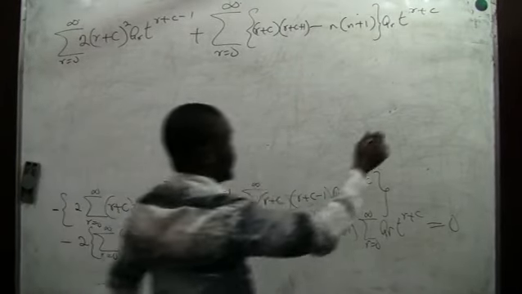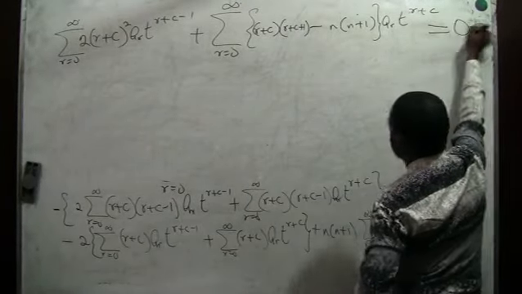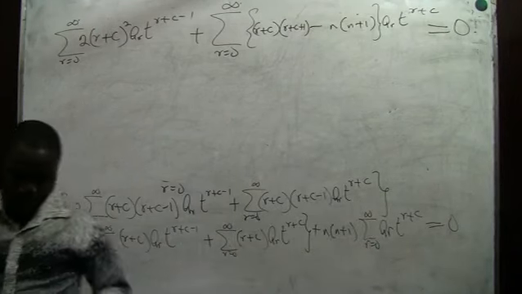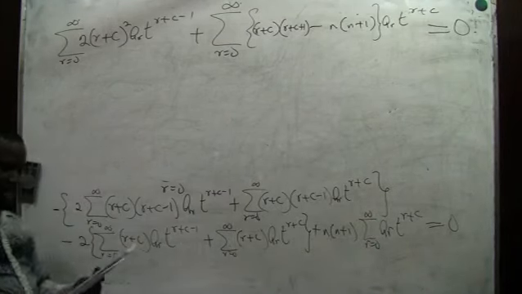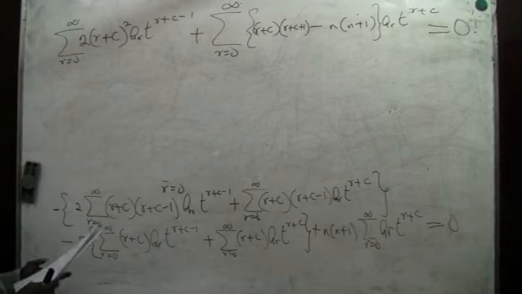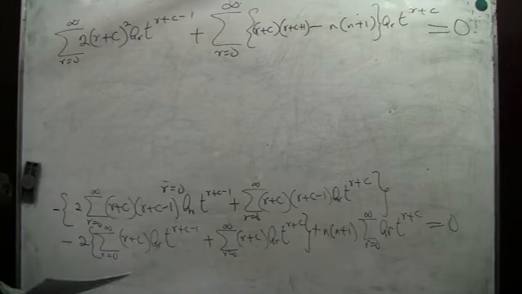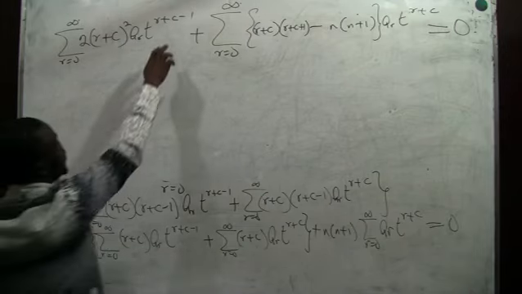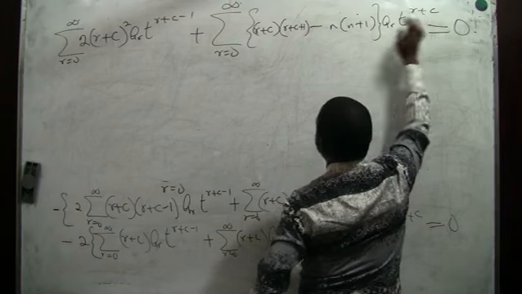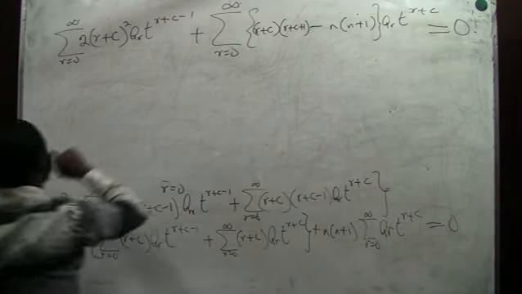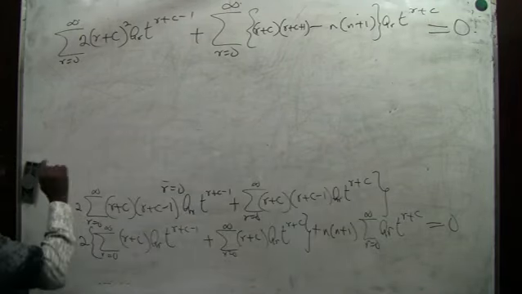Now, everything equals 0. So, having done this, the next line of action is to look at the difference between the power. The difference between the 2 power is 1. So what we are going to do now is to ensure that we make them the same power.